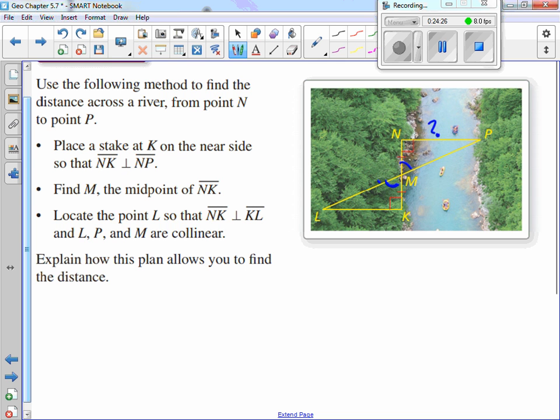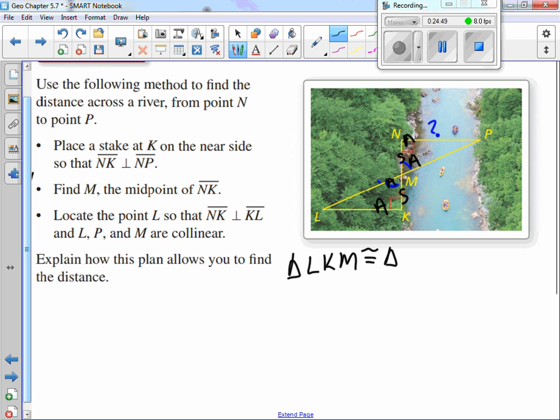All right, so these two triangles would be congruent because here I have an angle, a side, and an angle. Angle, side, angle, yes?